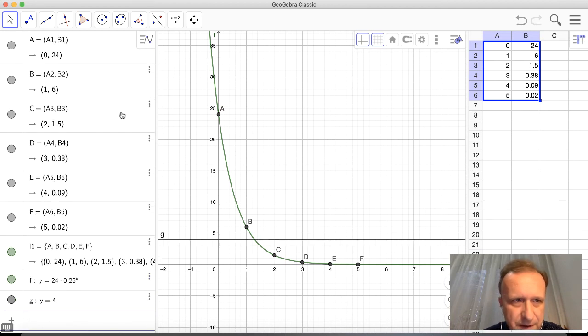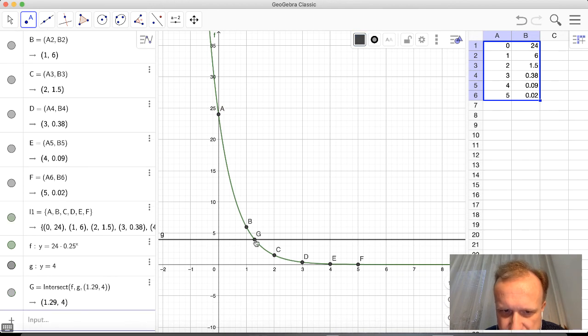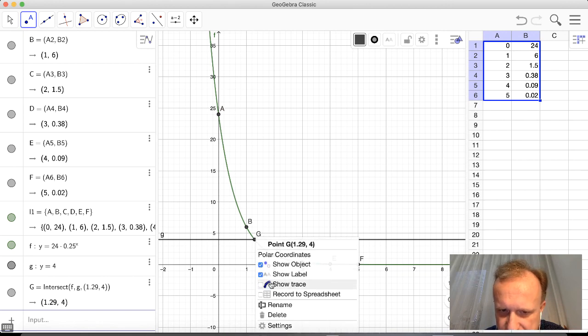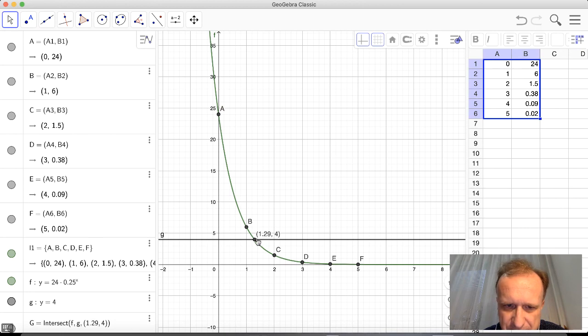I have it here, and now let me construct a point at the intersection of these two curves. So this point here, this is the intersection, and I will choose settings, and I want to show not only the name but the value of this. So yeah, here it is. I can close this. So this point has the coordinates. The horizontal coordinate is 1.29 and the vertical one is 4.